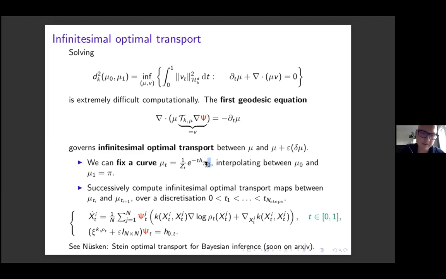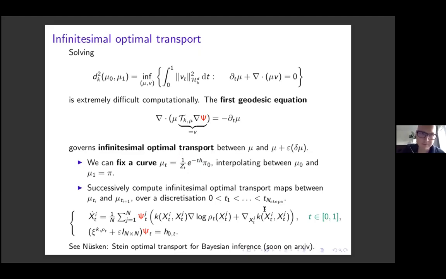There is the prior, which encodes prior information, and then there will be the likelihood. So this can be read as Bayes' theorem, in fact. And the time t goes from 0 to 1. Again, this is a curve connecting mu0 and mu1.